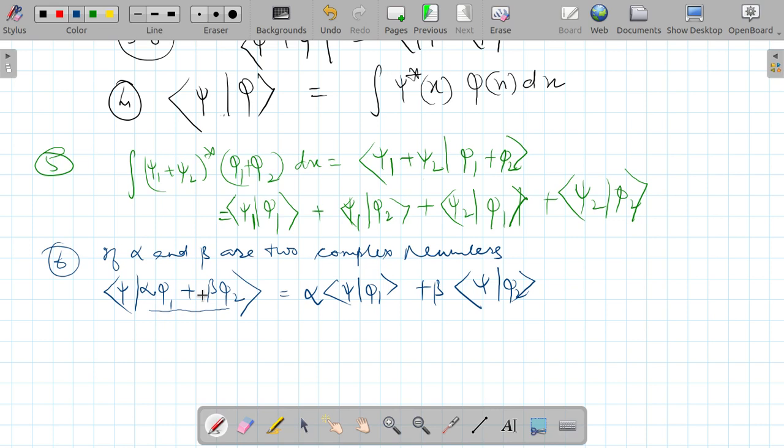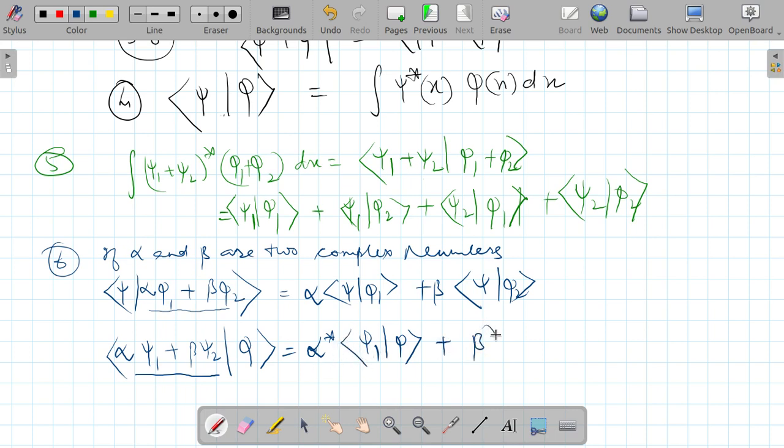So when they are multiplied with bras, what will happen? They can be taken outside separately, but with their complex conjugates.